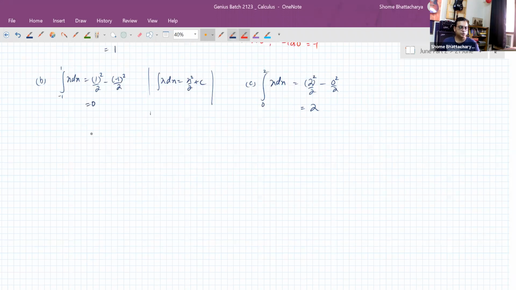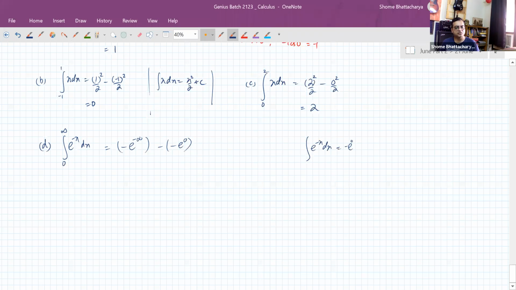Okay, so let's come to this one. So this will become minus of e raised power minus infinity, that's the upper limit, minus of minus e raised power 0, because integration of e raised power minus x is minus of e raised power minus x plus c.